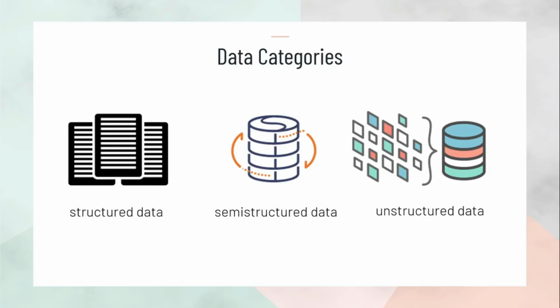Semi-structured data fall between unstructured and structured data. Semi-structured data do not have a formal structure like a database with tables and relationships. However, unlike unstructured data, semi-structured data have tags or other markers to separate the elements and provide a hierarchy of records and fields, which define the data.